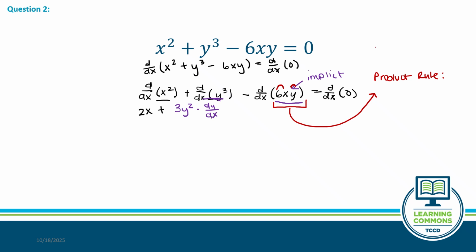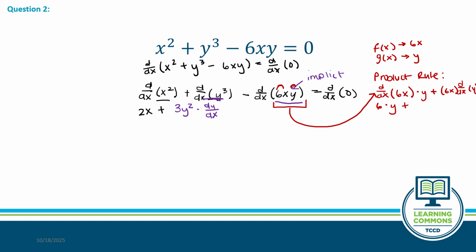So f of x is going to be 6x. g of x is going to be y. Okay, first way. So d/dx of 6x times y plus 6x times d/dx of y. Okay, so the derivative of 6x is just going to be 6, times y.